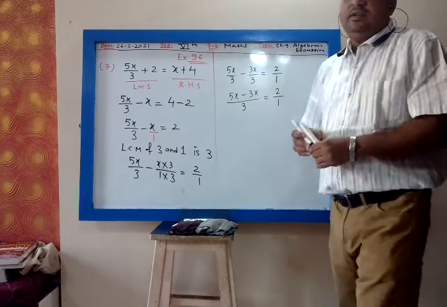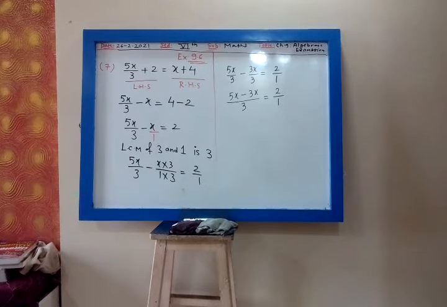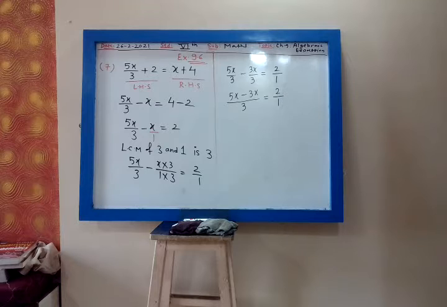Now right hand side it is 2, no? So 2 I can write 2 upon 1. We are taking LCM on the left hand side only.